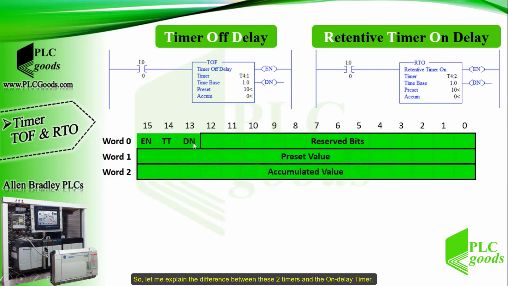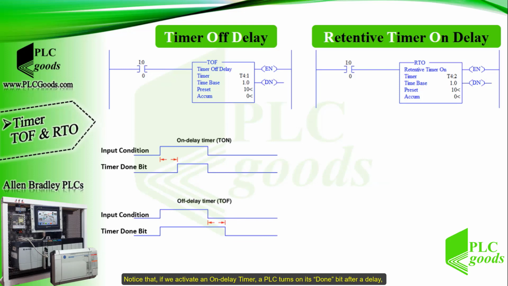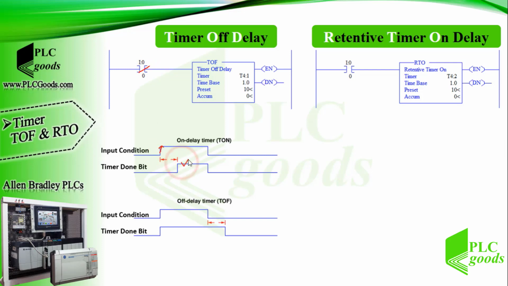So let me explain the difference between these two timers and the on delay timer. Notice that if we activate an on delay timer, the PLC turns on its done bit after a delay. But we can use an off delay timer to disable an output after a delay.